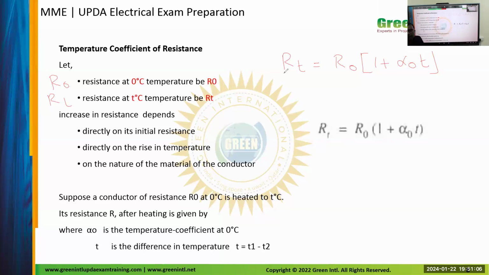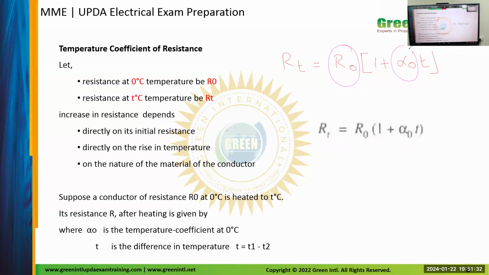Alpha naught is a temperature coefficient. This is a predefined value, like R naught. R naught and alpha naught are predefined values for every metal.